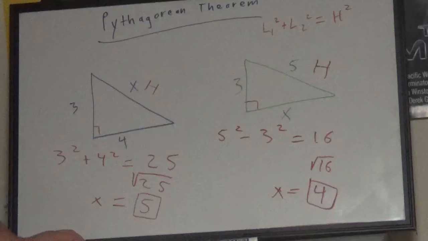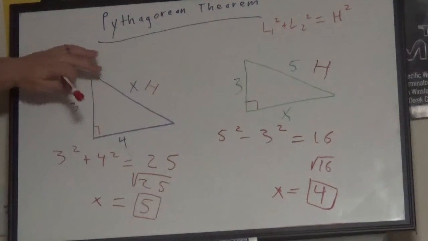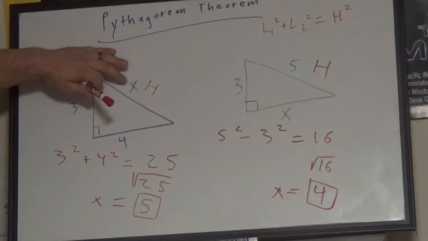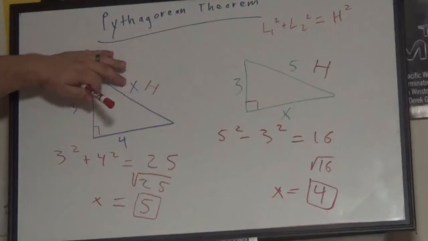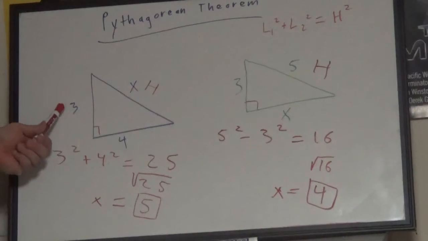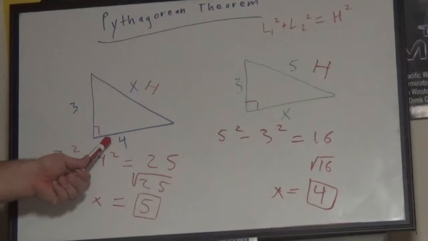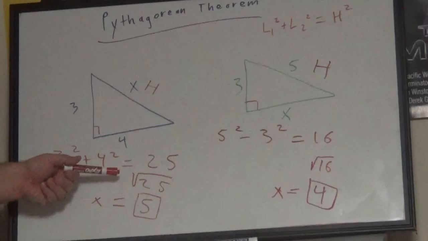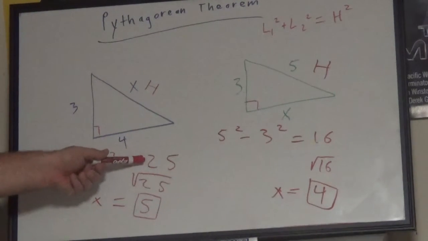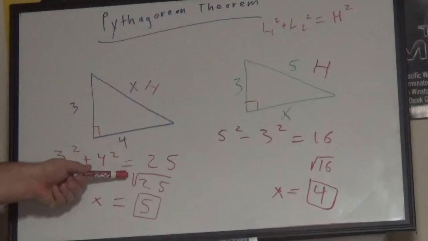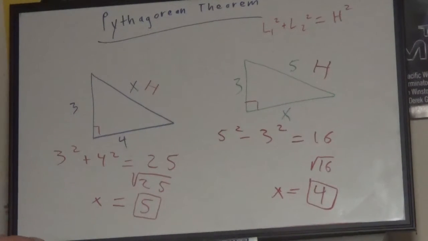If you have numbers with radicals or you have numbers with decimals, I'm assuming you have access to a calculator when you're doing this. If you do have access to a calculator, if you're solving for the hypotenuse, you add one side squared plus the other side squared, get your answer, find the square root of that answer, and that's it.